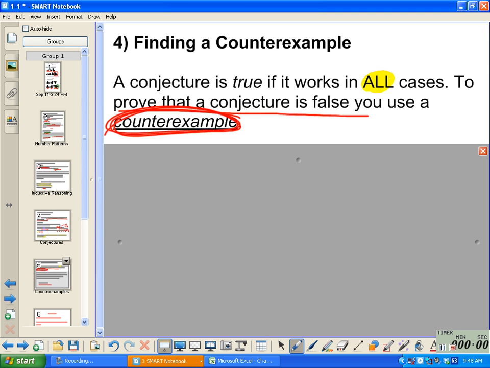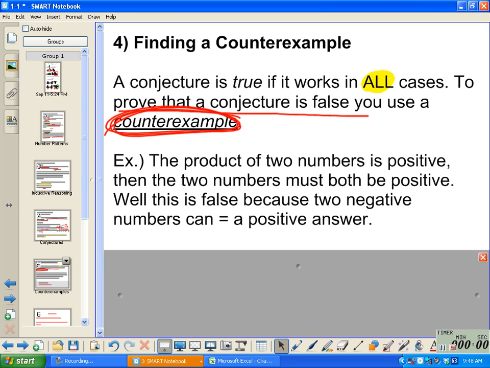A counterexample makes your conjecture false. Let's say somebody comes up with a hypothesis or conjecture stating this here. The product of two numbers is positive. Then the two numbers must both be positive. Well, that's false because two negative numbers can give a positive answer.